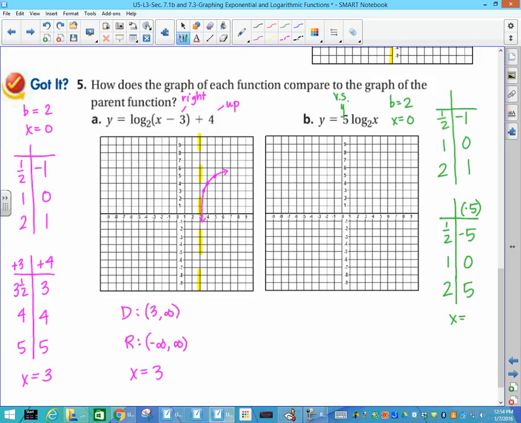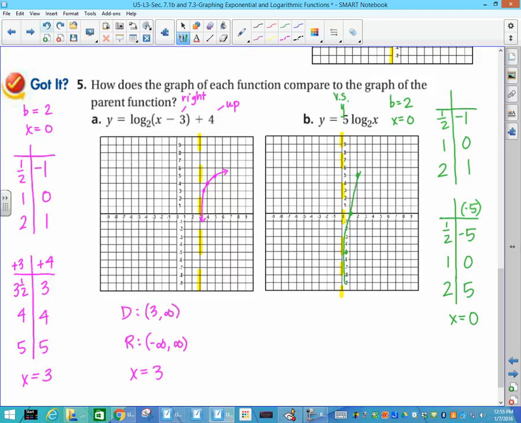My x's didn't change, so my asymptote will not change. If I plot those points, then I have 1/2, -5, and this is where that vertical stretch is coming in. At 1, 0, and at 2, it's 5. So this is the asymptote.